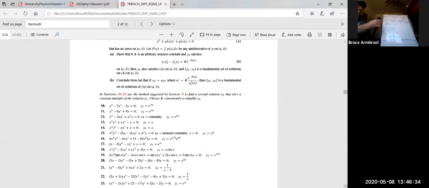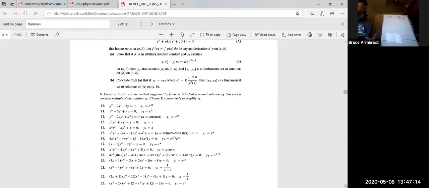All right, so first of all, look at what the second part of 9 says, 9 part B. It says that if you have a solution y1, then you know that y2 is going to equal u times y1, where u is given by that k times e to the negative big P of x, so that's the antiderivative of little p, over y1 of x squared.